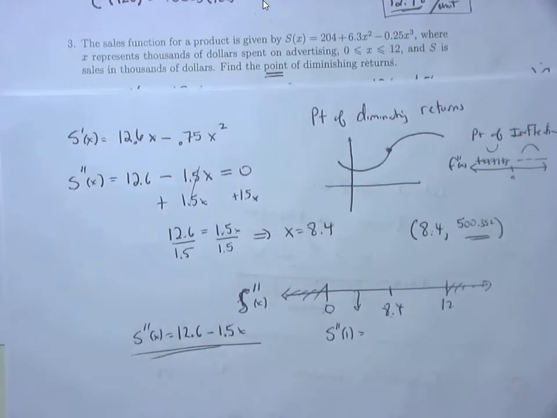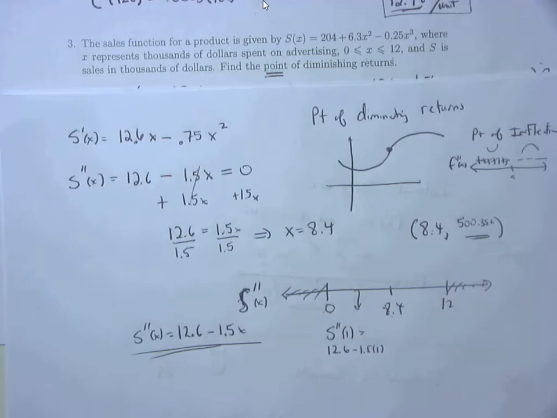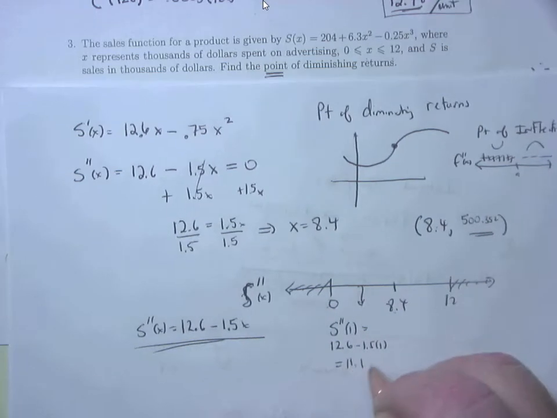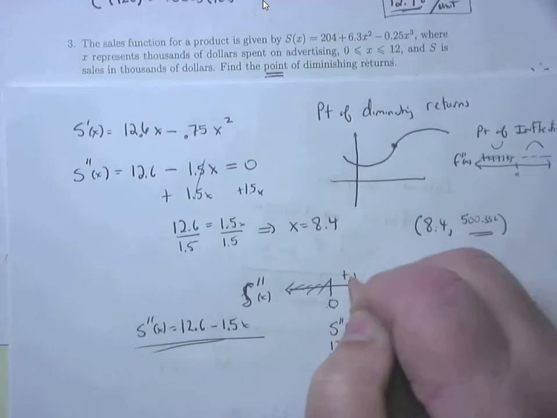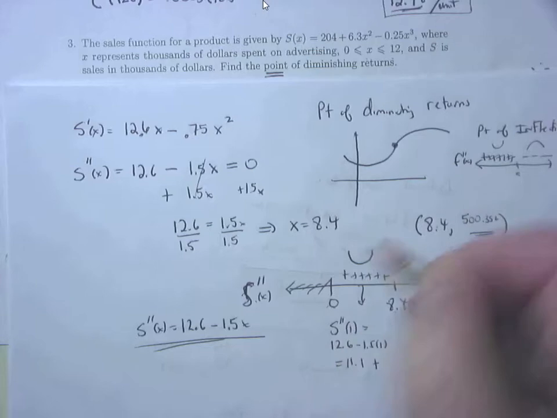When I plug in 1, that would be 12.6 minus 1.5 times 1, which is 11.1. I don't really care what the number is. It's positive, so everybody in that interval is positive. Because it's a second derivative, I know that is concave up.